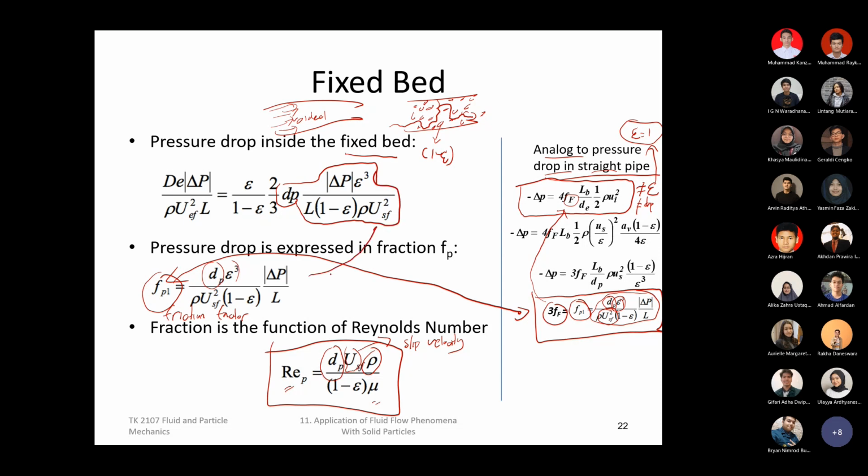Compare this one: delta p dp epsilon cubed per L, (1 minus epsilon) rho USF squared. So all that part together is the FP.